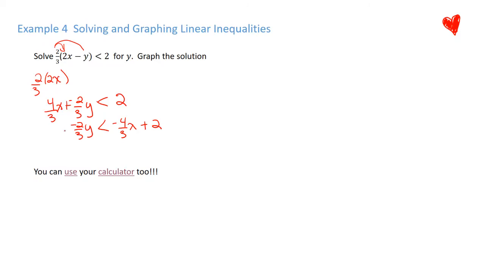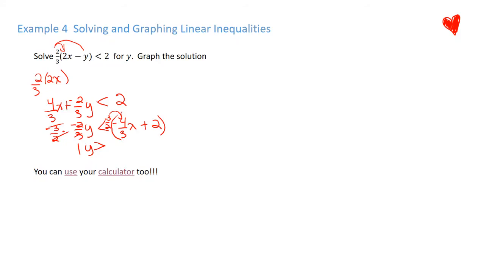Now we still want y to be by itself, so let's multiply by negative 3/2. If we multiply negative 3/2 on the left, we have to also multiply it on the right. This works out to be 1 y, but notice that I multiplied by a negative number, so I have to change my inequality sign. Now I have to distribute this. I'm going to be really careful with my negatives here.